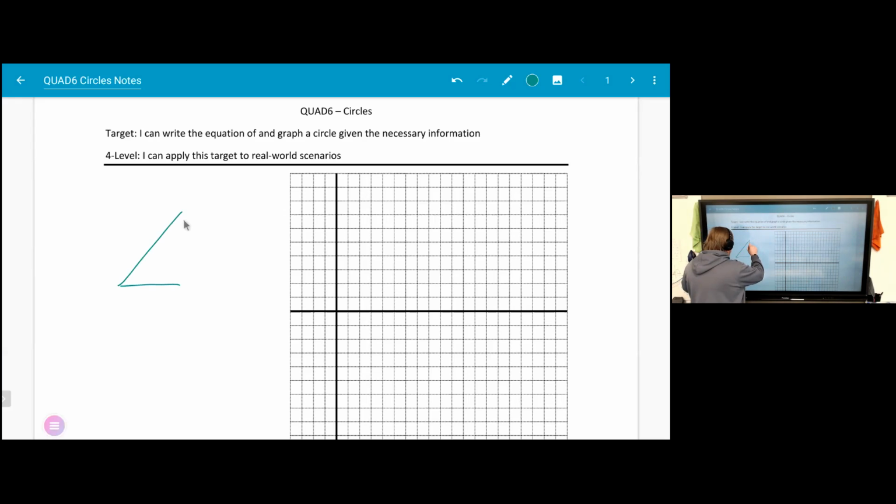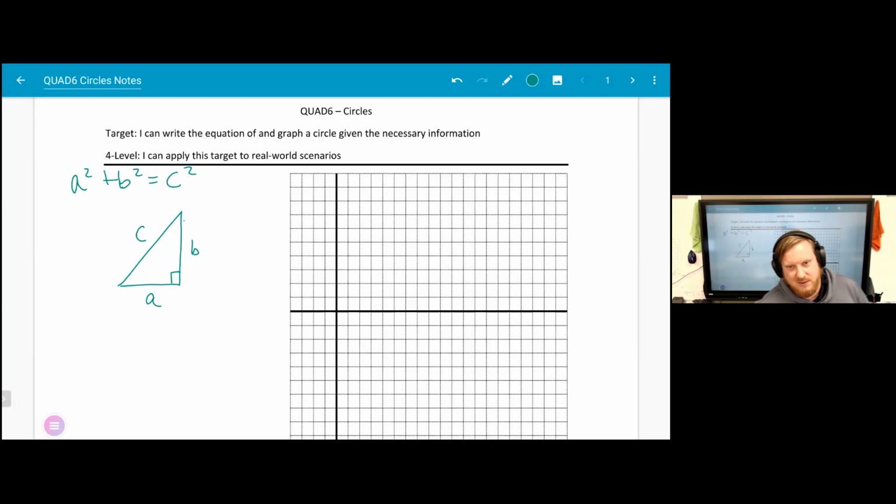One of the most common things that everybody seems to know about the right triangle is the Pythagorean theorem, which states a squared plus b squared equals c squared. In other words, if I add the squares of the two legs together, I get the square of the hypotenuse.